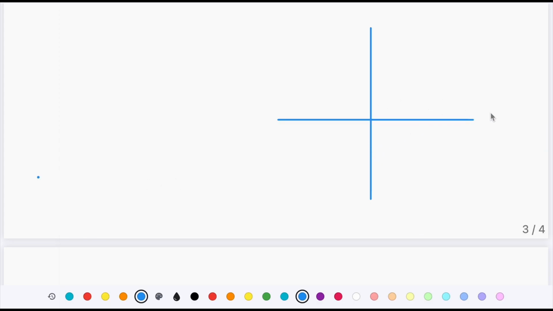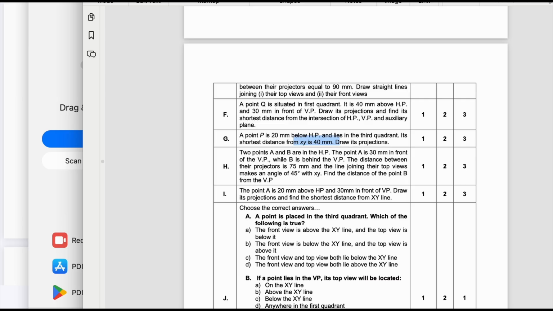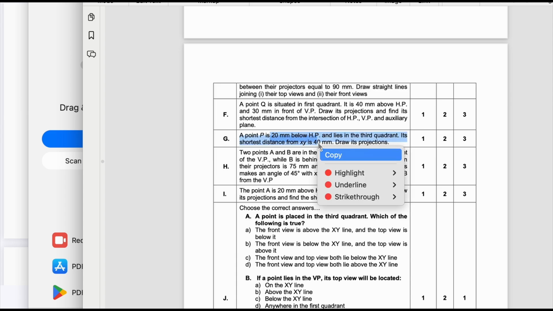So let's say this is horizontal plane, vertical plane, and this is intersection of those two, XY. This is the third quadrant, below HP, behind VP. Now the distance with respect to HP is 20 mm below HP and 40 mm from XY.